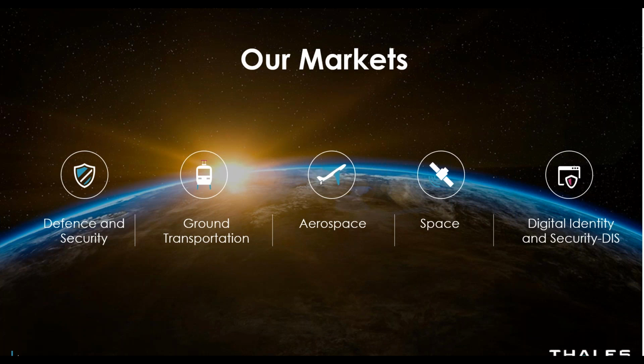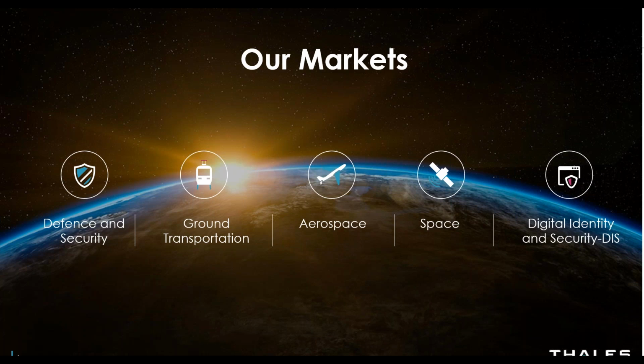Space is a really interesting subject. I think this is a really fascinating subject myself, but Thales design and build and operate a lot of satellites and satellite-based systems, and these range from common GPS systems that you know and love, through to things like climate tracking and using satellites for more environmental functions.